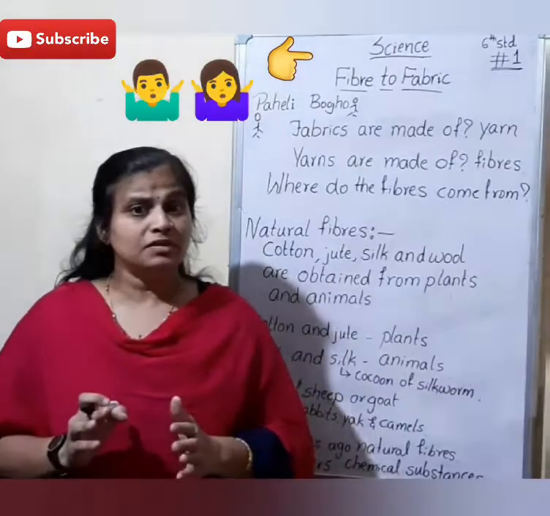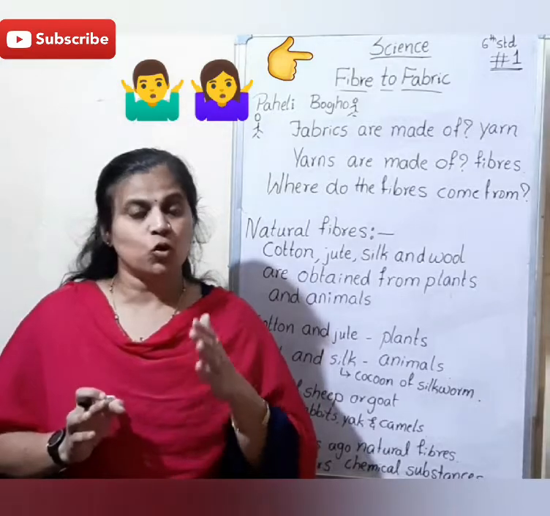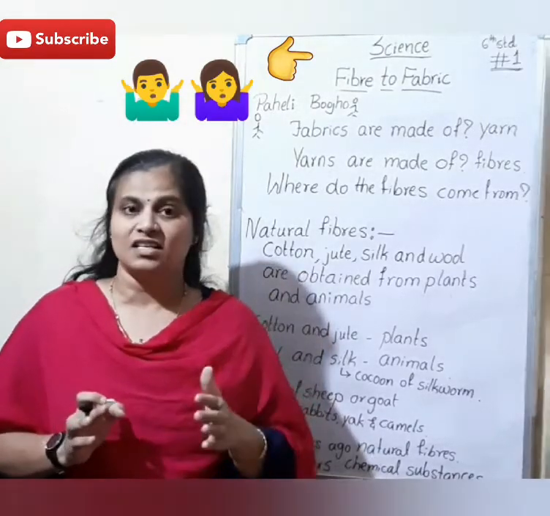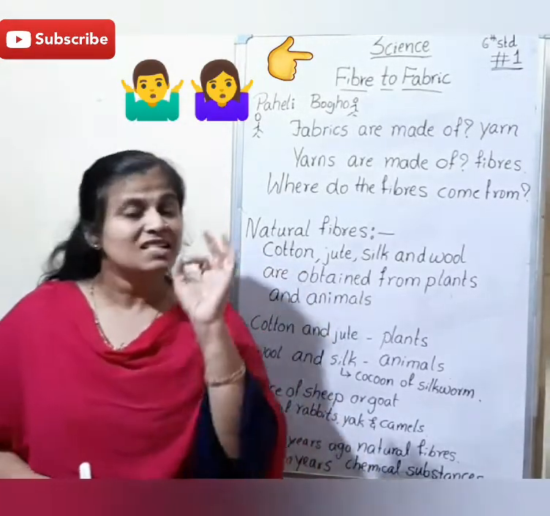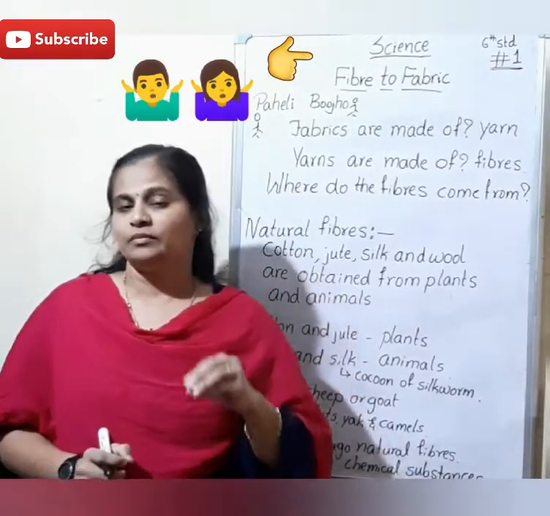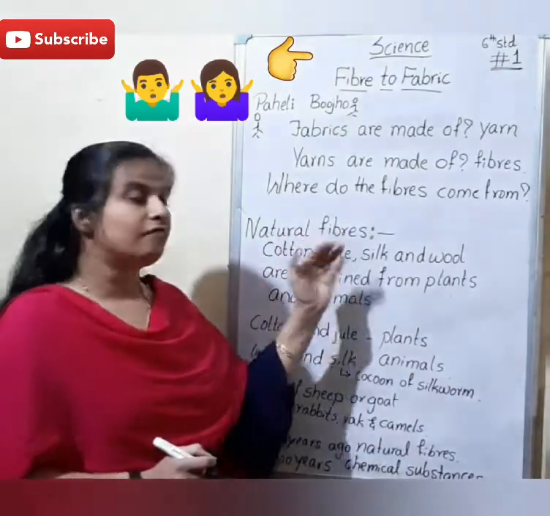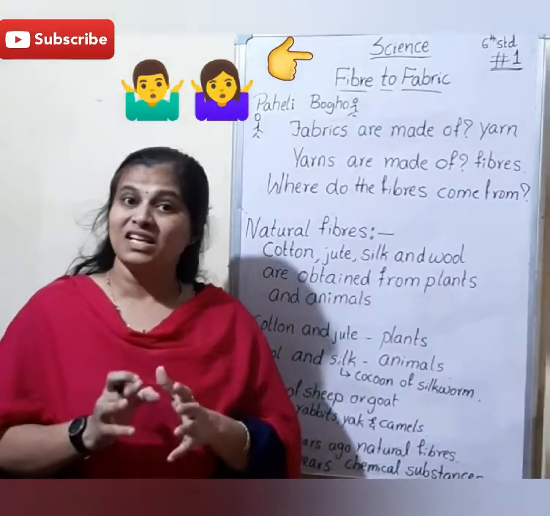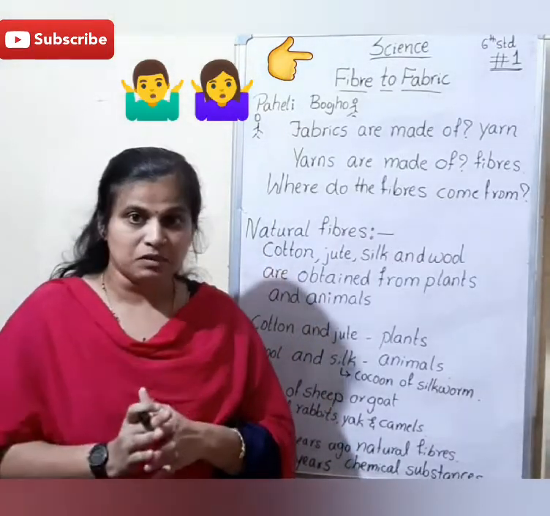The fibers of some fabrics such as cotton, wool, jute and silk are obtained from plants and animals. Such fibers are called natural fibers because we are obtaining them from plants and animals naturally.